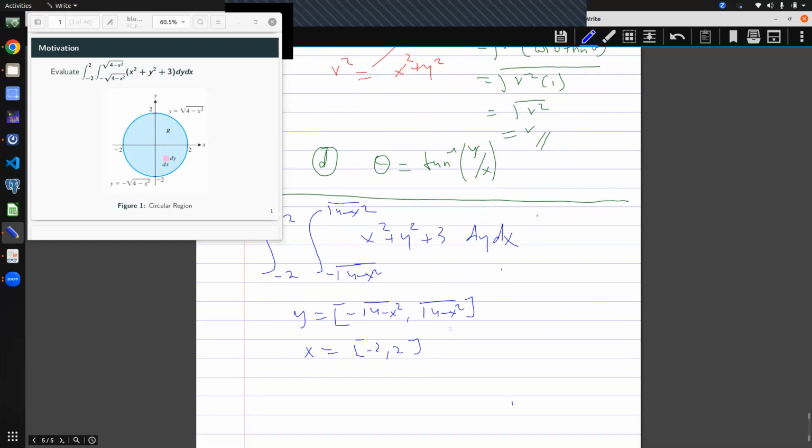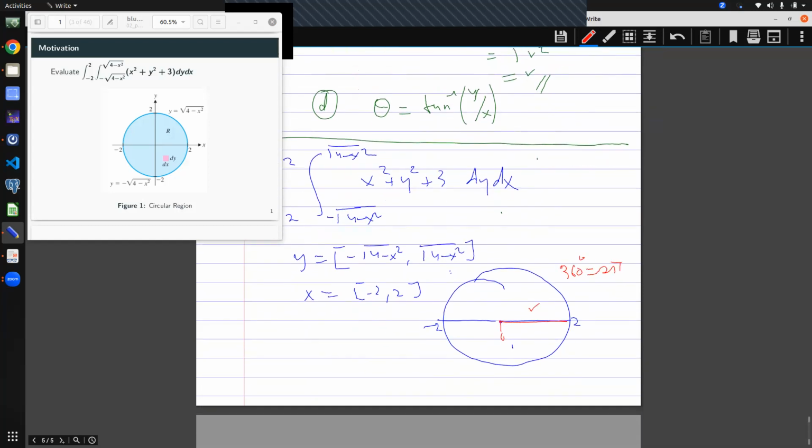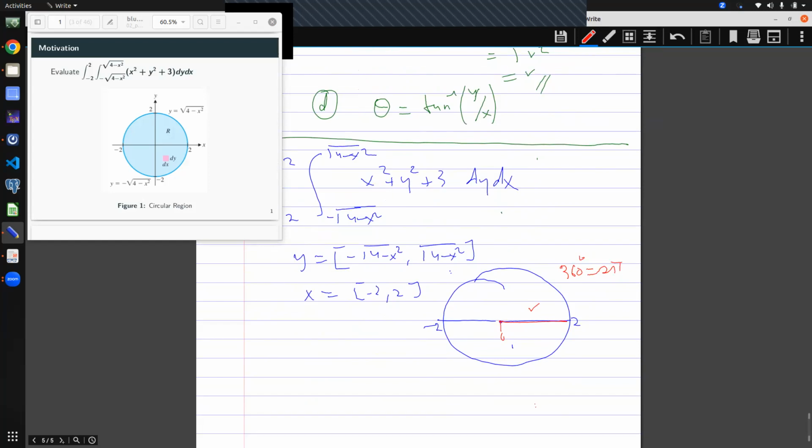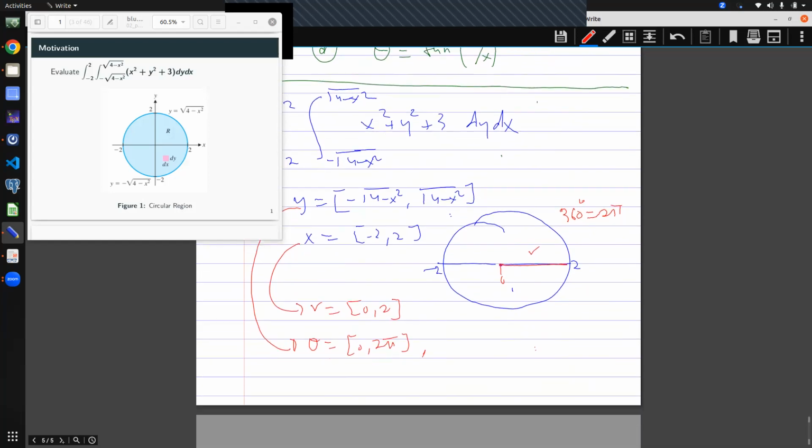We said this will give me a circle with a radius 0 to 2. The radius starts from a point of center 0. So this is my r. And because it's a full circle, I'll have 360 degrees, which is 2 pi. What does this tell you? It means that your r from x is 0 to 2, and then your theta from y is 0 to what? 2 pi.